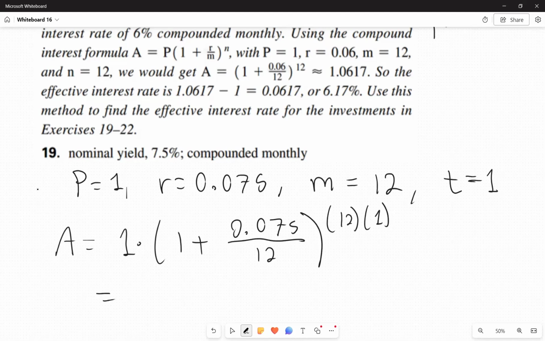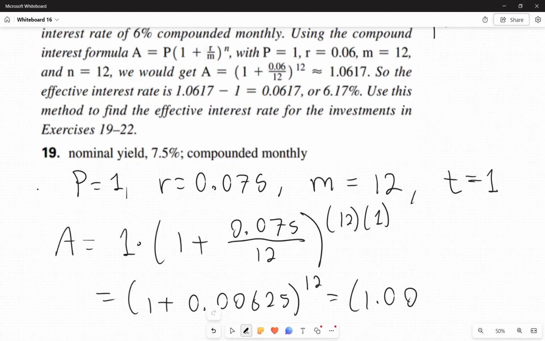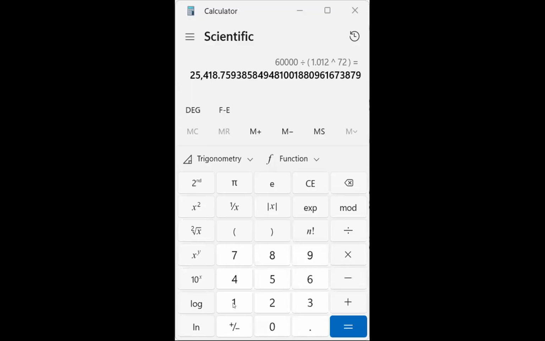So 0.075 over 12 is 0.00625, so 1.00625 to the power of 12. And we are going to find the actual interest rate earned during that year. So to 4 decimals, that's approximately 1.0776.